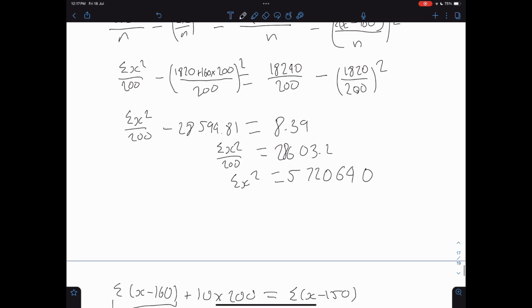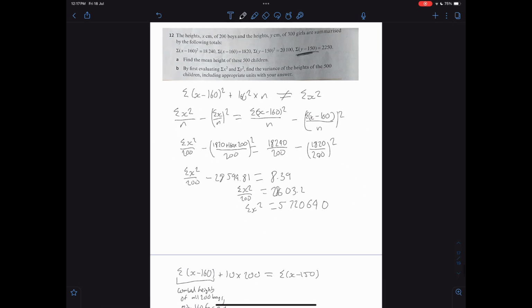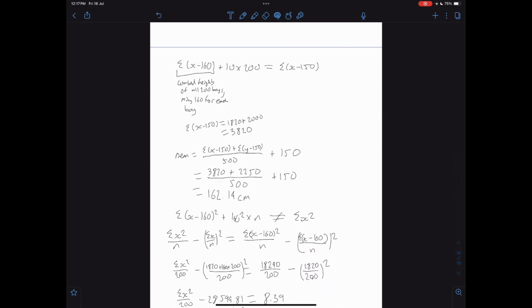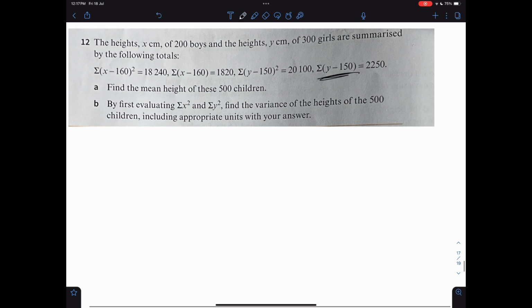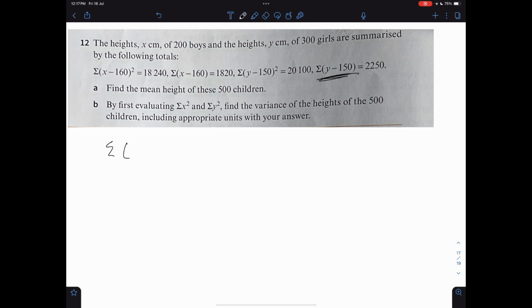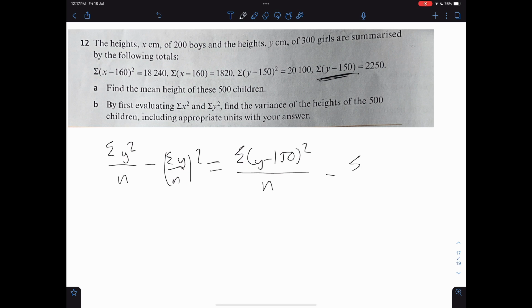And then we do pretty much the same thing for y squared. The sum of y squared over n minus (the sum of y over n) squared is equal to the sum of (y − 150)² over n minus (the sum of (y − 150) over n) squared.